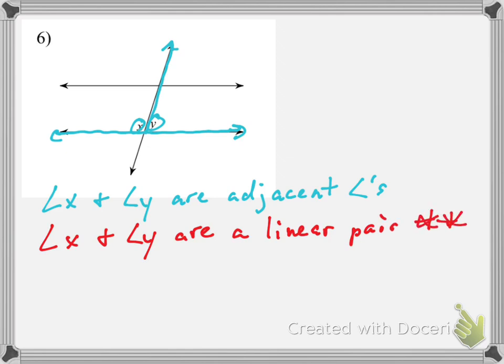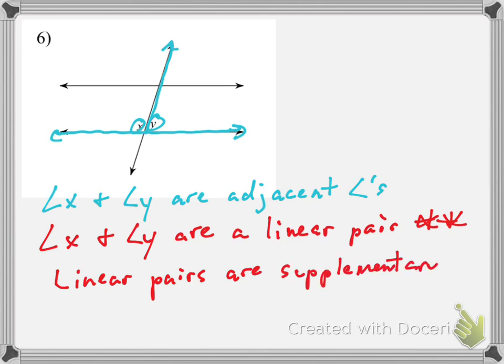That's what you need to know. And we should know this from a long time ago, linear pairs are supplementary, which means they add to 180. So those are your 6 special pairs of angles. Pay particular attention to the pairs that are congruent because we're going to be using those a lot very soon.